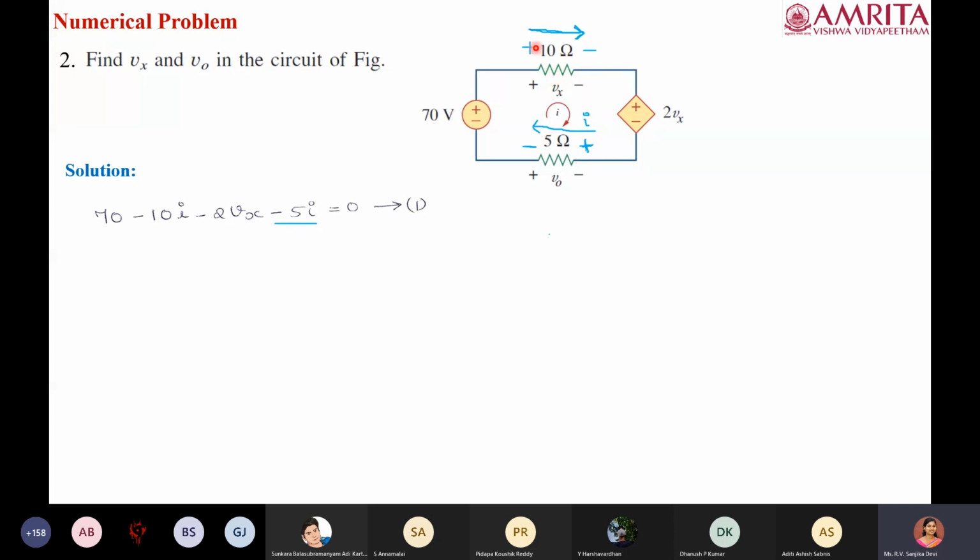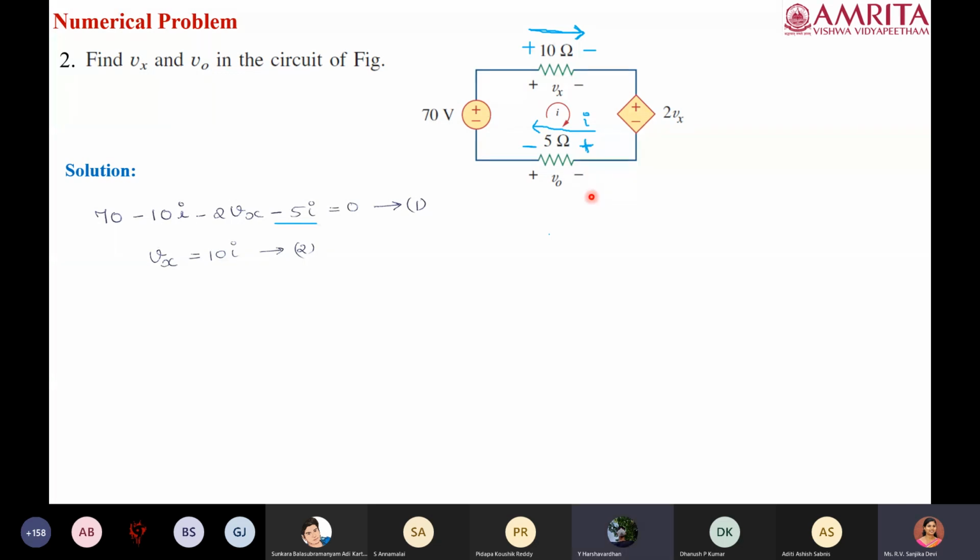The given reference polarity and the polarity we assume when we consider the voltage drop are both the same. So we can write Vx is equal to 10I. And coming to the 5 ohm, the reference polarity and our assumed polarity are in the opposite direction. So we can write V0 is equal to minus 5I.